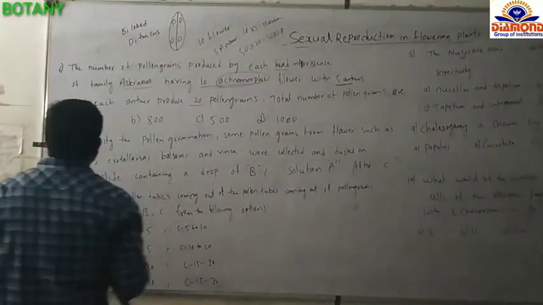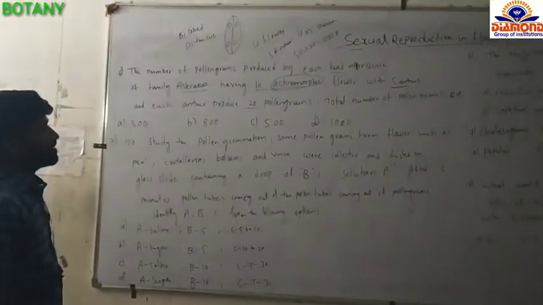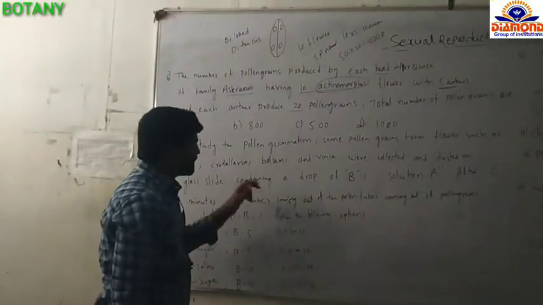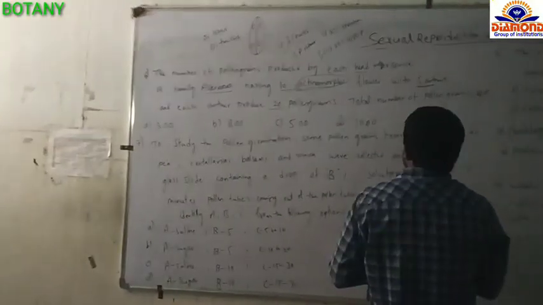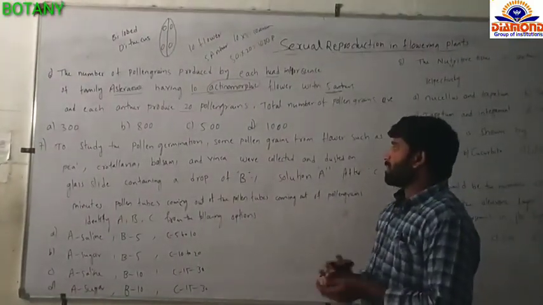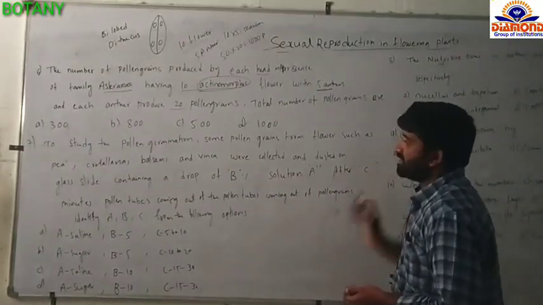Next question: to study pollen germination, pollen grains from flowers such as pea, Crotalaria, Blossom, and wingclover are collected and dusted on a glass slide containing a drop of B percentage solution A after C minutes.